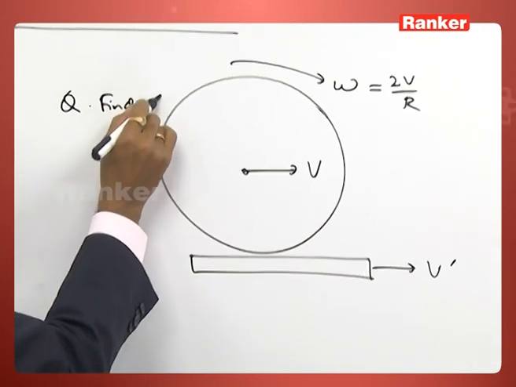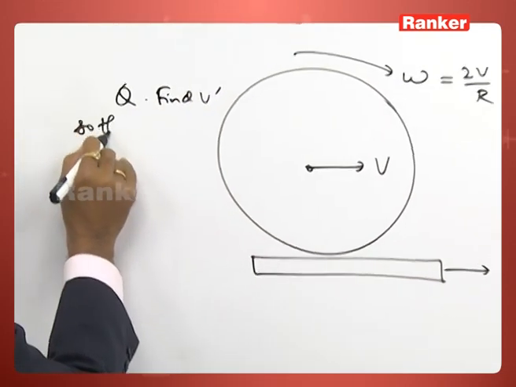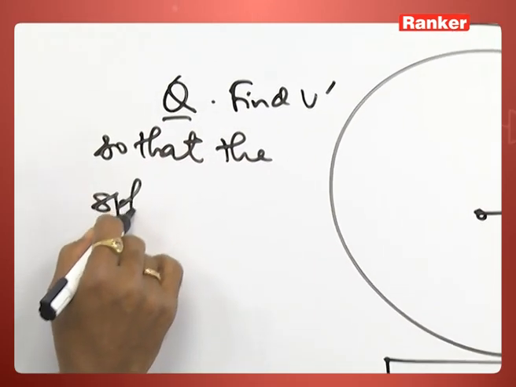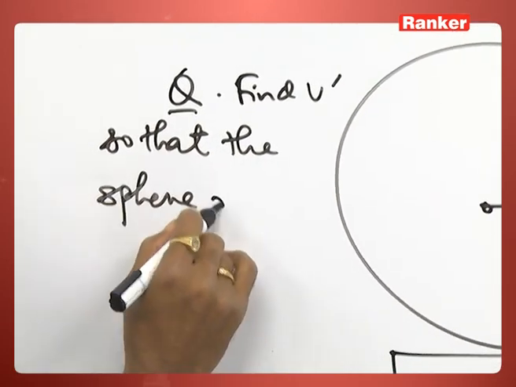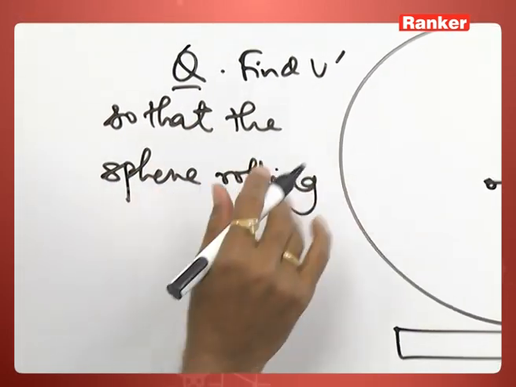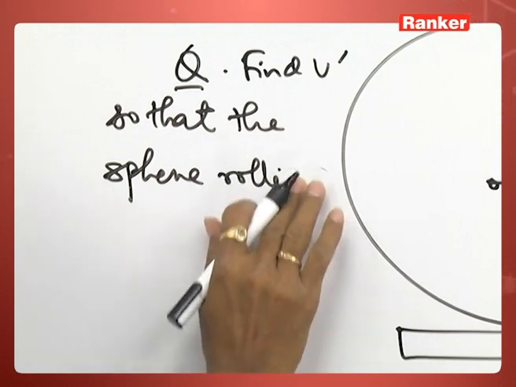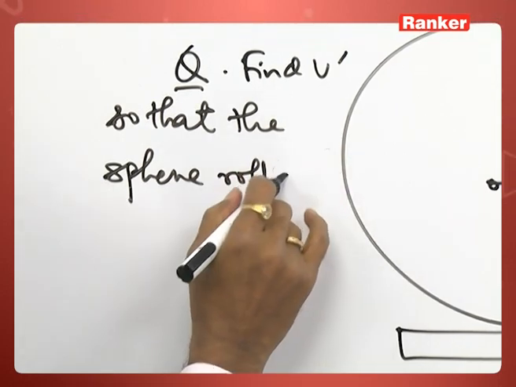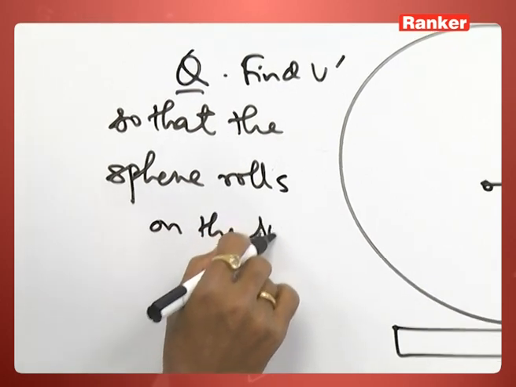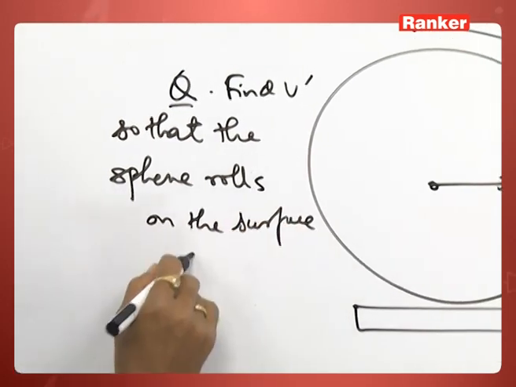Find v dash so that this sphere rolls on the surface S.